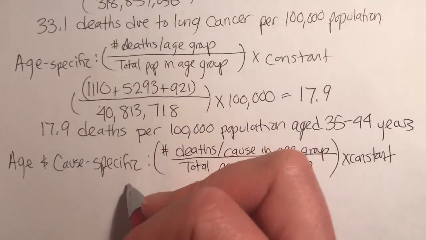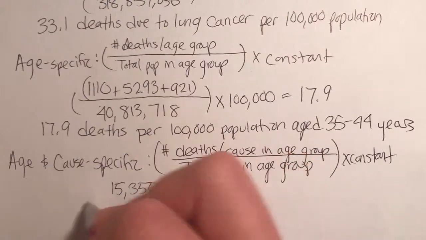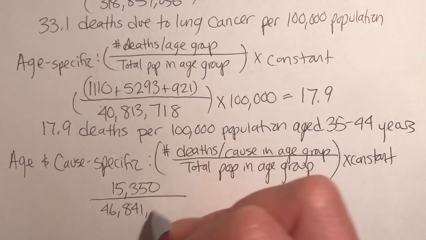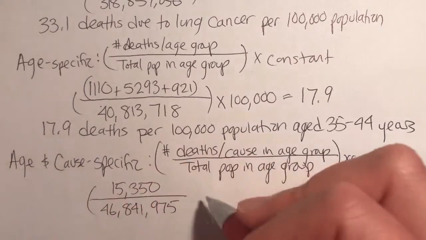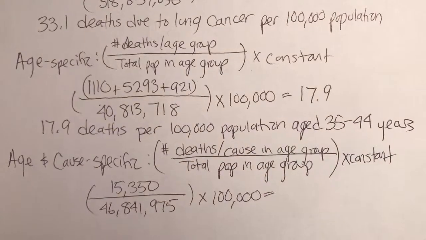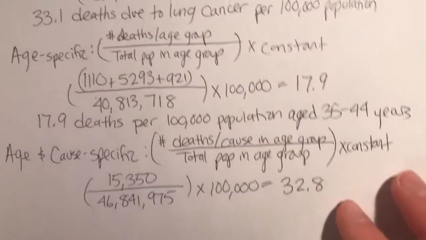So plugging numbers into our equation, 15,350 divided by 46,841,975 times our constant of 100,000 comes out to 32.8 with rounding.